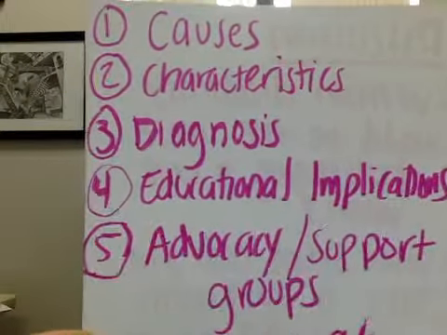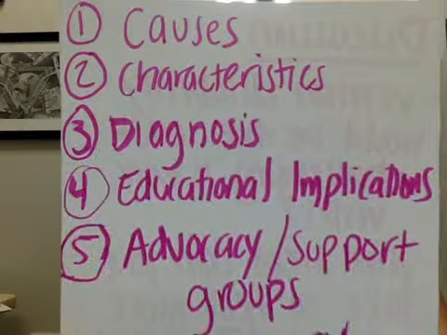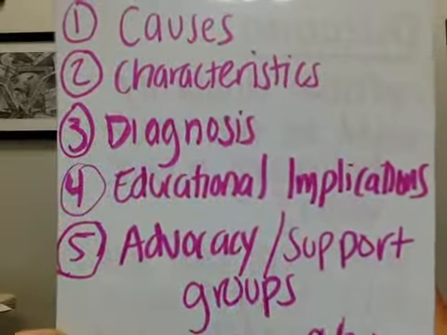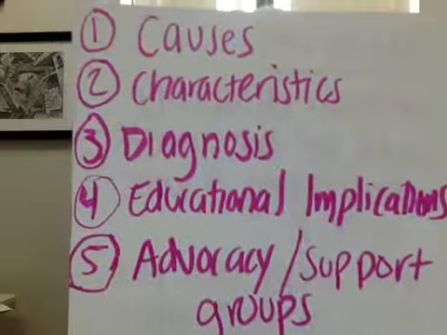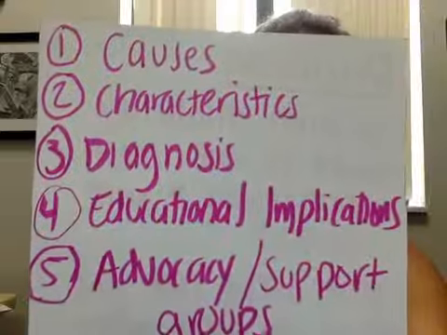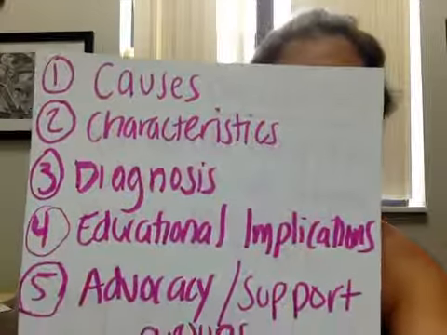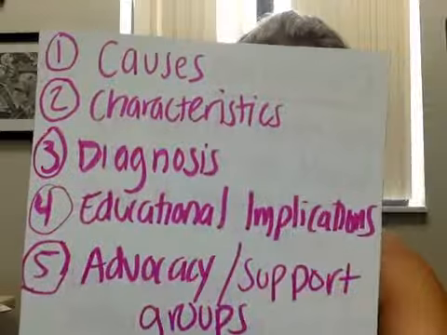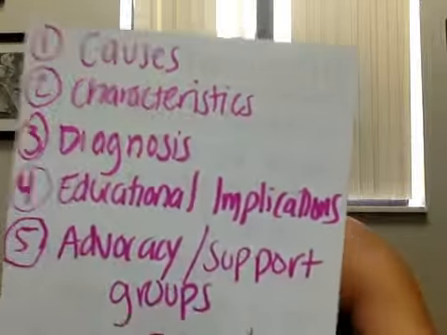Number 4, what are the implications? How does this affect the child's learning? How does it affect their behavior in a classroom? What are some of the things that you can do to help resolve these different implications? What accommodations can you provide to help the student reach their maximum success?